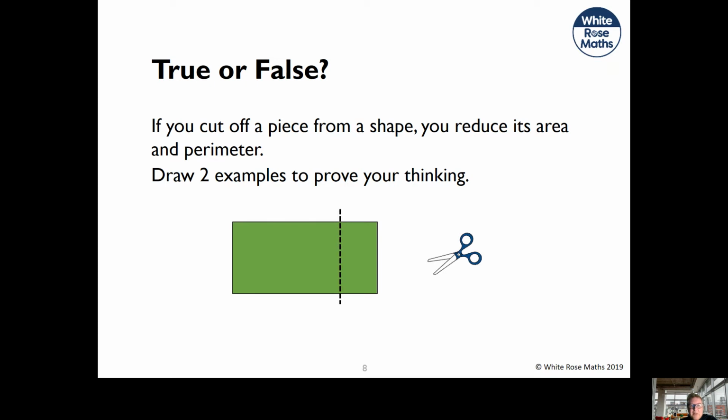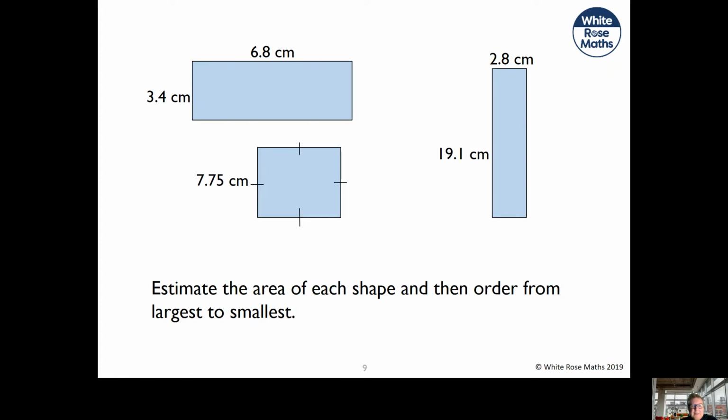Have you changed the perimeter? Can you estimate the area of each shape and then order them from largest to smallest? The word I would just mention to you is the word estimate.